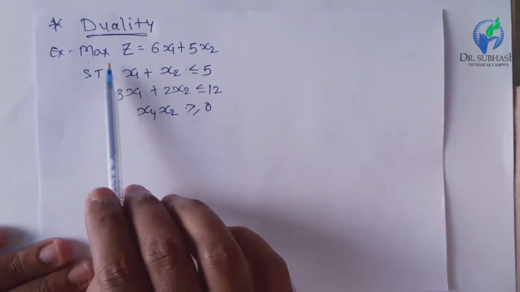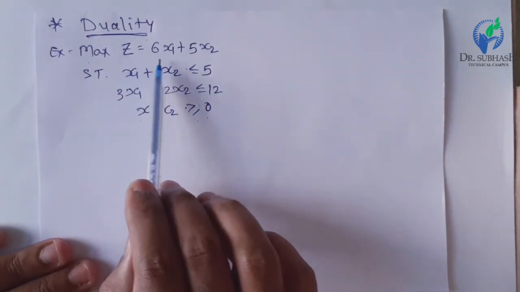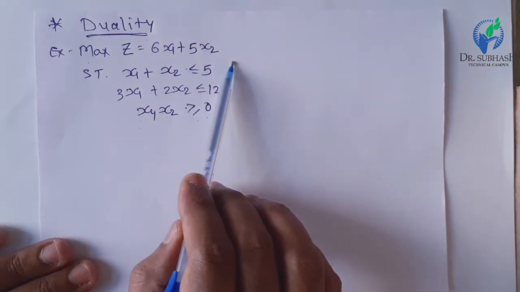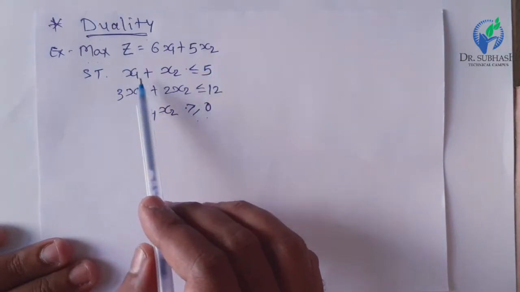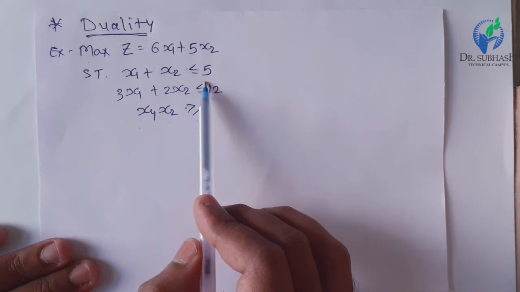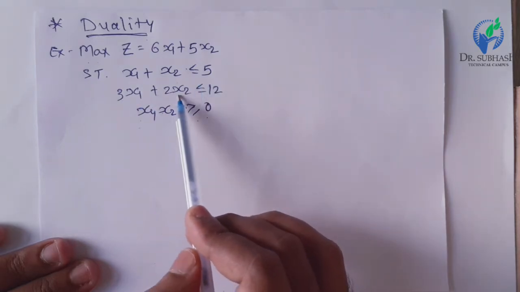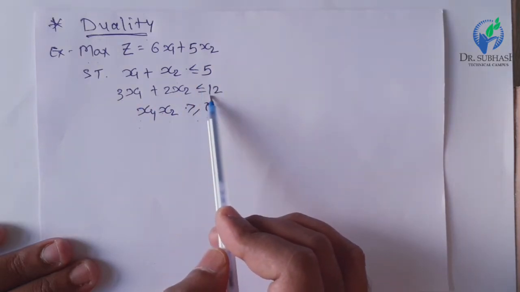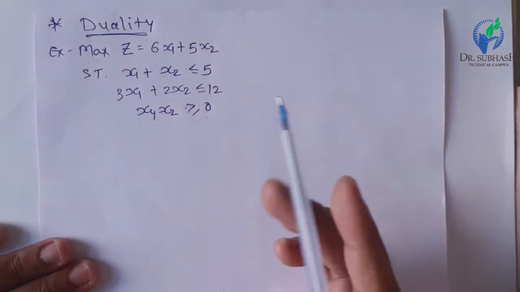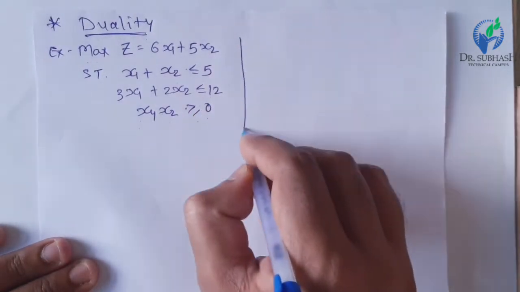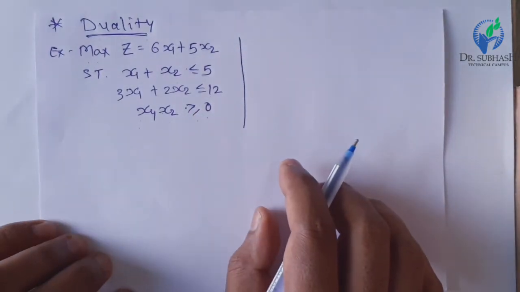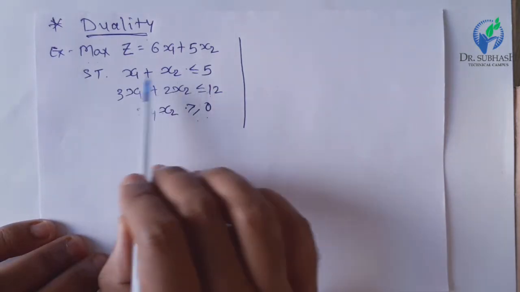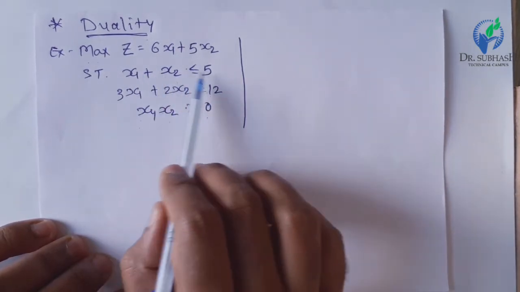Here the objective function is maximization type: maximize z equal to 6x1 plus 5x2, and there are two constraints: x1 plus x2 less than or equal to 5, 3x1 plus 2x2 less than or equal to 12, and x1, x2 greater than or equal to 0. Let us understand the hypothetical condition where these two constraints are not given.